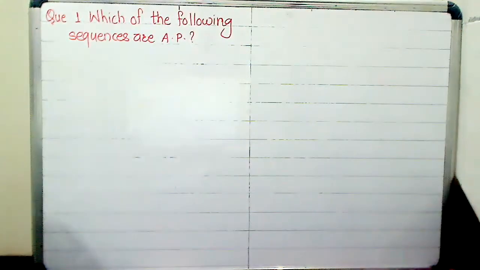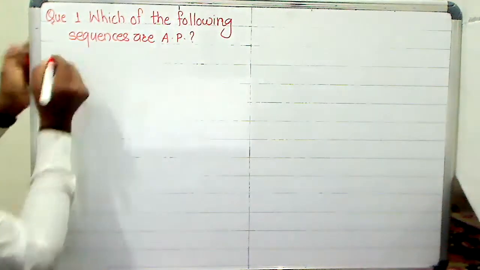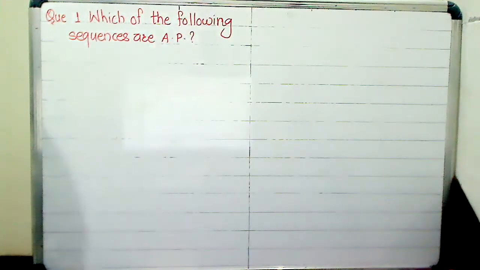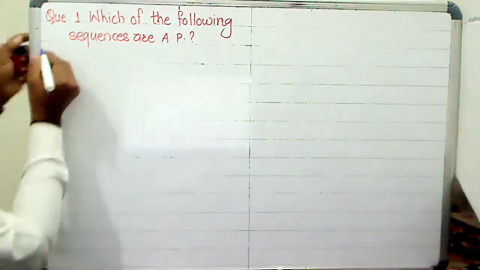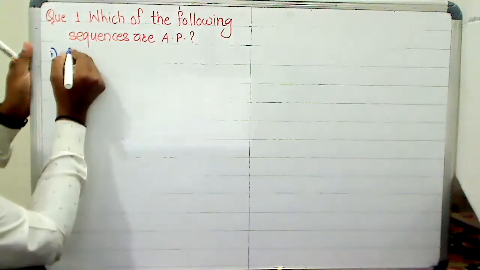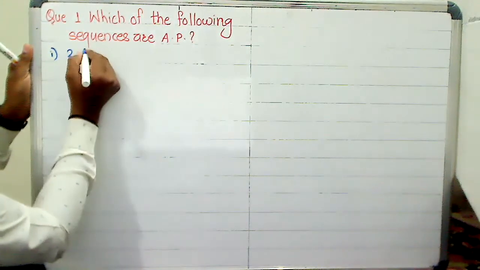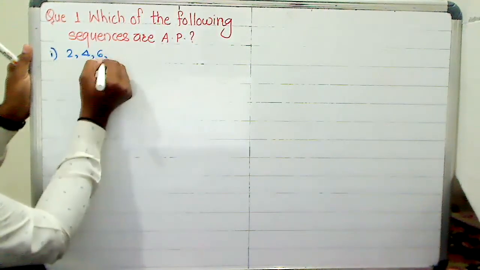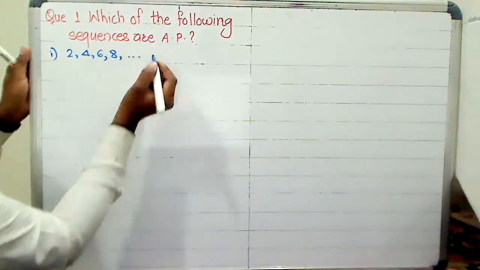I have written the question here: which of the following sequences are AP, and find the common difference. The first sequence given is 2, 4, 6, 8 and so on.